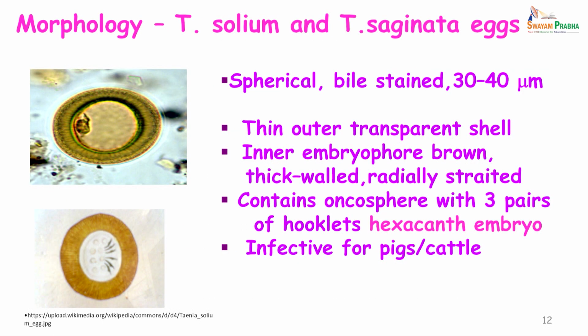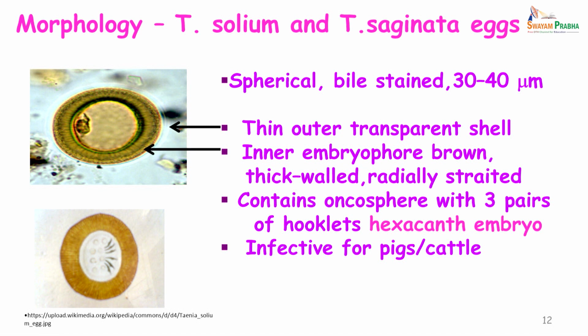The eggs are the same for Taenia saginata and Taenia solium, but in the case of Taenia saginata, they may be a little ovoid in shape. The eggs are bile stained, 30 to 40 micrometer in size. They have a thinner outer transparent shell. I hope you can appreciate that in this picture.